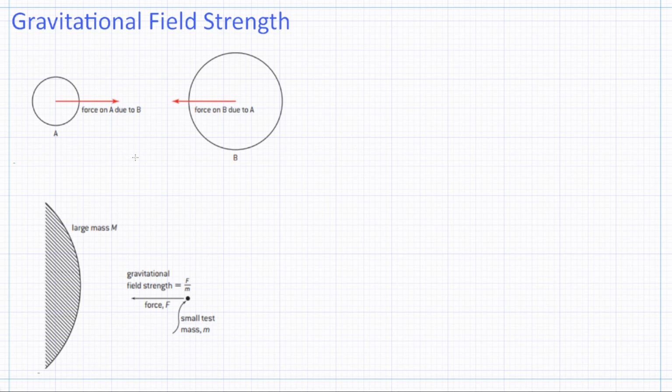There is a quite interesting particular case. We usually use letter g for the gravitational field strength, and we measure it by force divided by mass. So it's force because of gravity over the mass of our test object. Now the funny thing is, if we are observing a force because of gravity at the surface, our force would be exactly the weight.